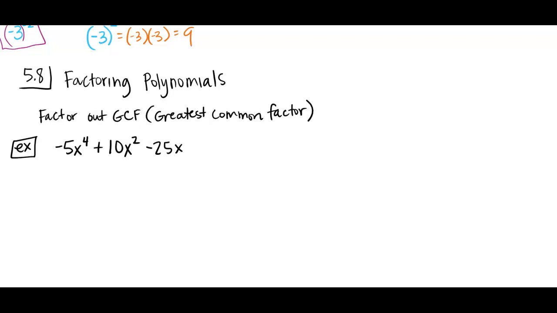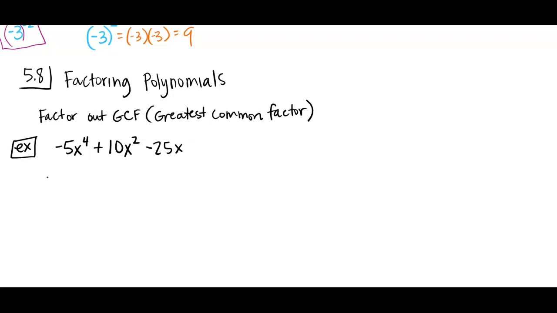One other thing you've got to take notice of is if this leading term is negative, we want to factor that negative out with it. If it starts with a negative, that negative is going to come out.